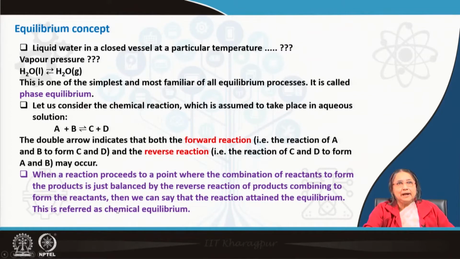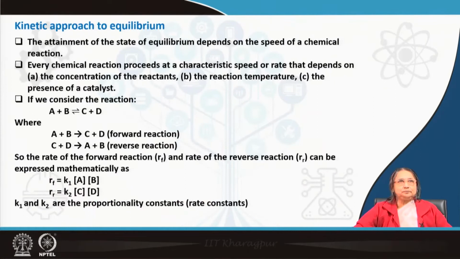That means what? At equilibrium point, what will happen? A and B will react to form C and D. At the same time, the same amount of A and B will be produced by C and D. That means we can say in a simple way, no more conversion takes place. This is the chemical equilibrium.